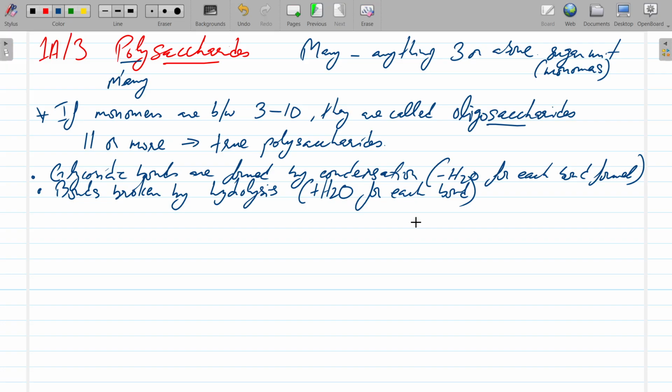Then we're going to talk about what polysaccharides are good for. One thing we know is their biological uses.